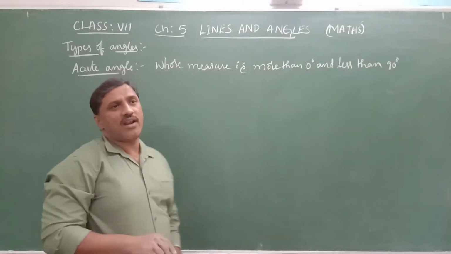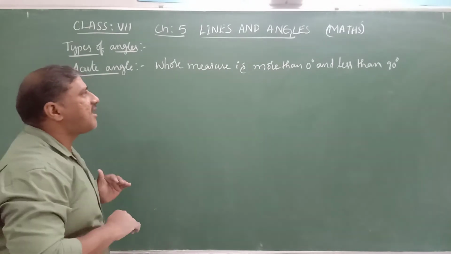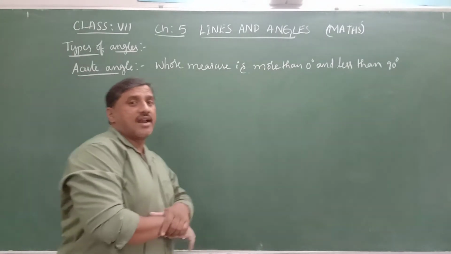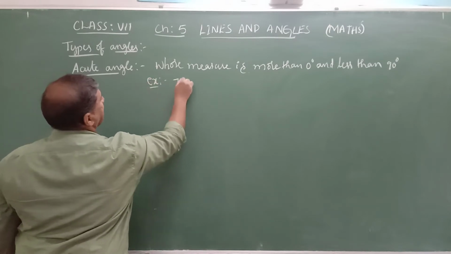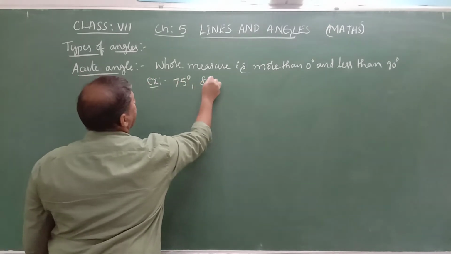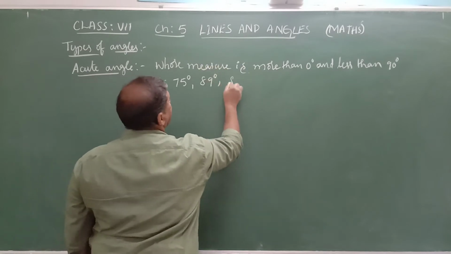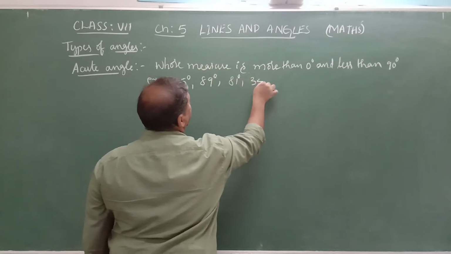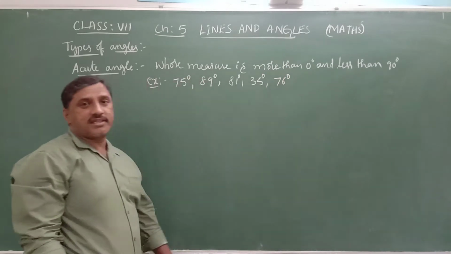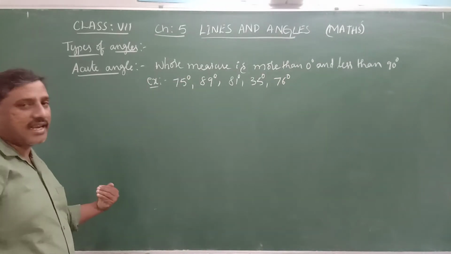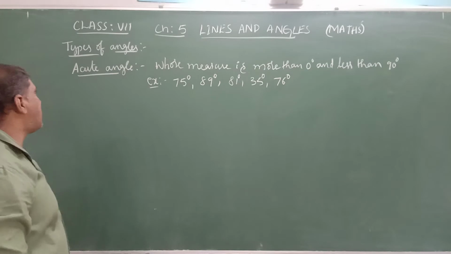Its measure lies between 0 and 90. Some examples are 75 degrees, 89 degrees, 81 degrees, 35 degrees, 76 degrees, etc.